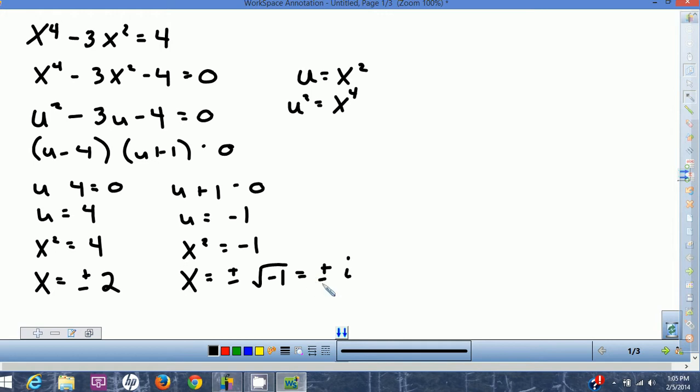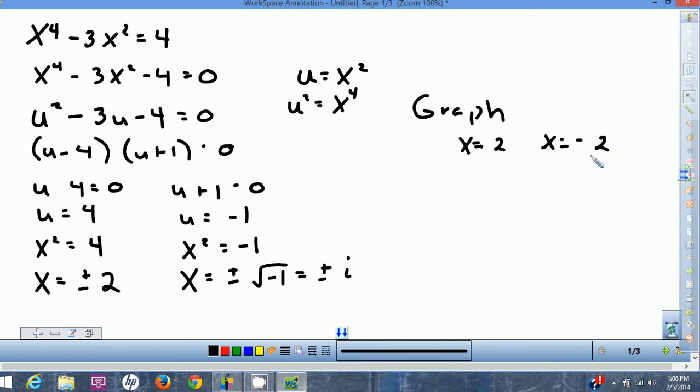All right, we'll graph this. If you graph this with your calculator and look, you'll discover that you have x-intercepts at x equals 2 and x equals negative 2. Yet this is an x to the fourth function. What does that tell me? It tells me that there are imaginary roots that do not appear on the graph.